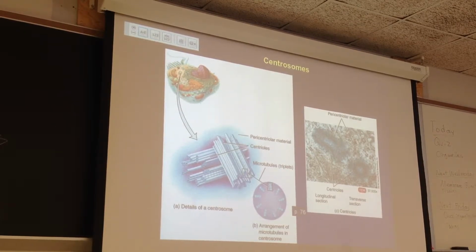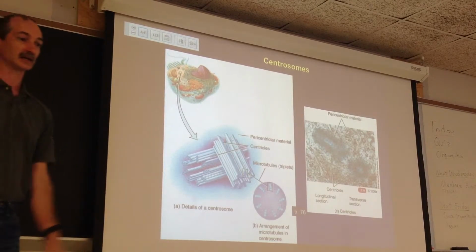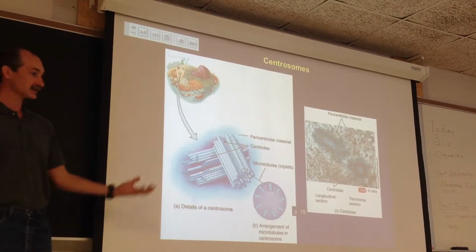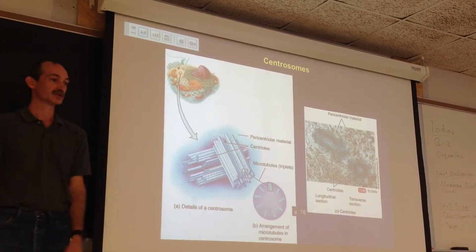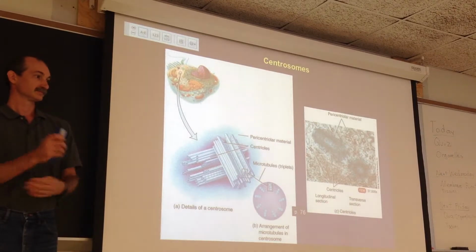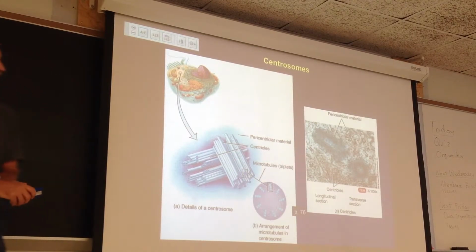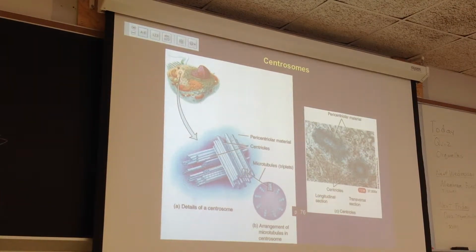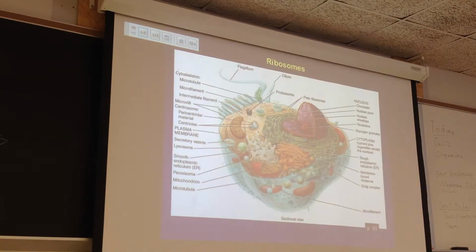These appear to be relatively important during cell division, when the spindle apparatus forms that pulls the chromosomes apart to respective cells. This tends to be pretty active in organizing that, and it has to get replicated for cell division to occur. Okay, quick bit there on centrosomes. Don't have a lot to say on that one.